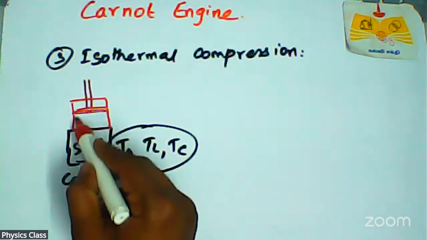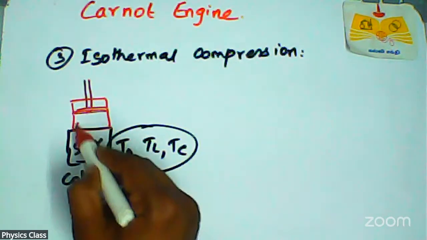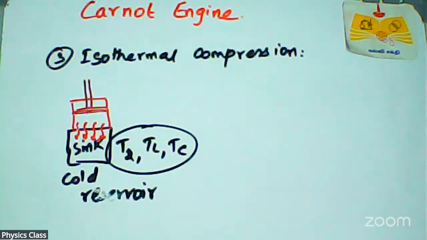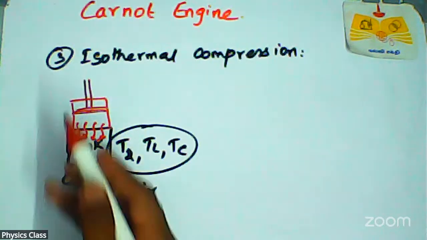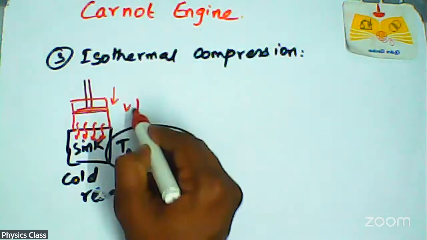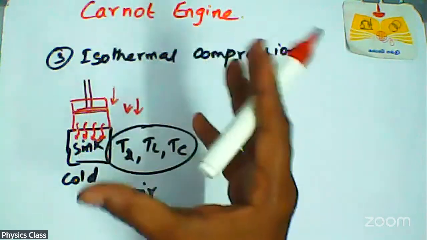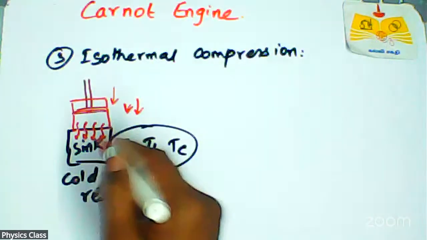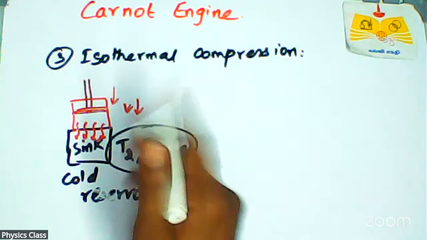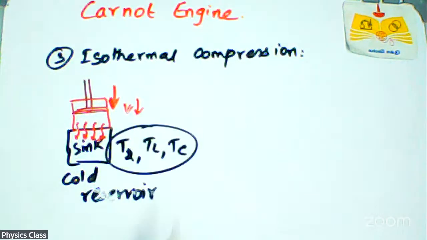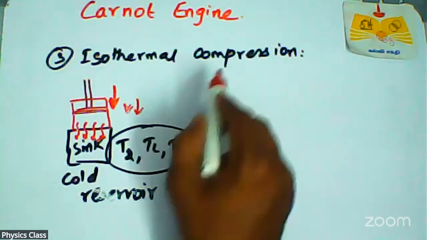Now heat goes into the sink, which means volume decreases, because the gas was already expanded. Heat passes through to the sink, and volume decreases, so the piston moves downwards. Clear? So this is called compression.